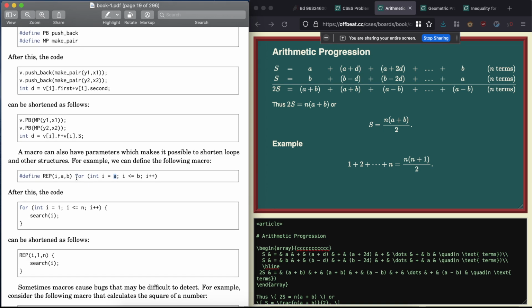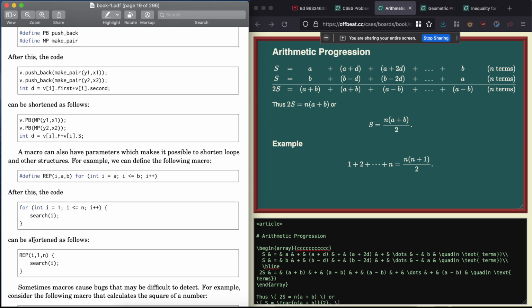So instead of writing this whole for loop, after defining this macro we could do something like this, which says rep(i, 1, n), and this macro will expand to exactly this C++ code. Here we are using the same name i, so that makes it a little bit less clear.